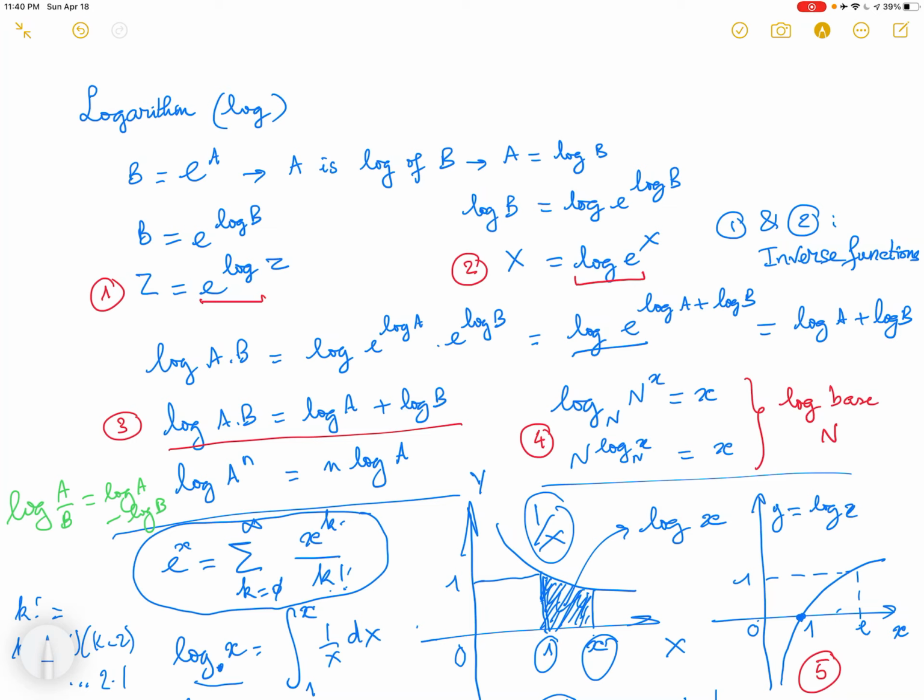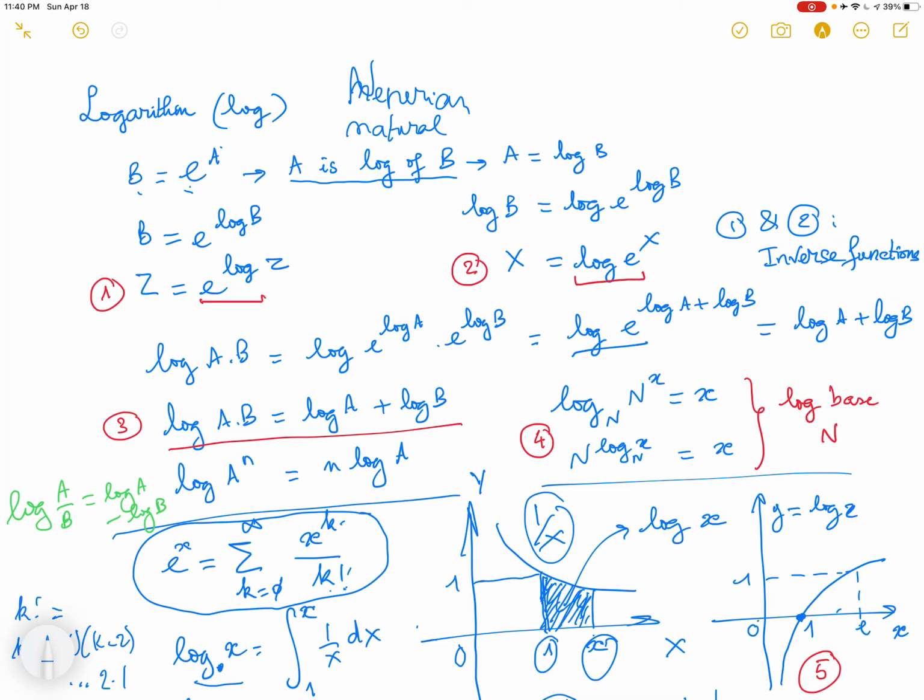But let's go back to the definition of logarithm. Logarithm is also defined as follows: if you find a number a such that when you raise e to the power of a it is equal to b, then a is defined as log of b. And this is what we call Neperian, which is actually a proper name, or we call it natural log.